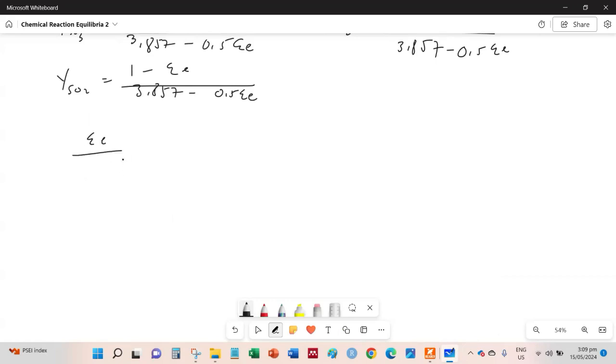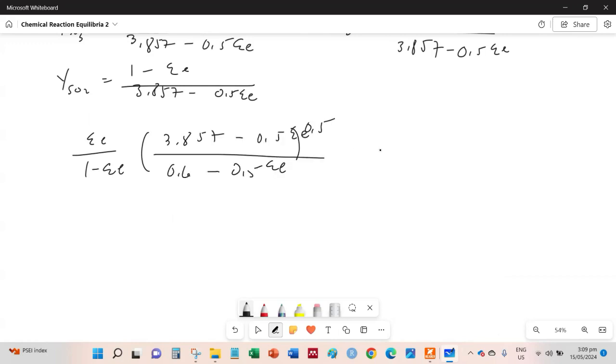So please just do the analysis on your own. It's very easy. It's just algebra, and this is equal to K. It's so ugly. Okay, let me correct it a bit.